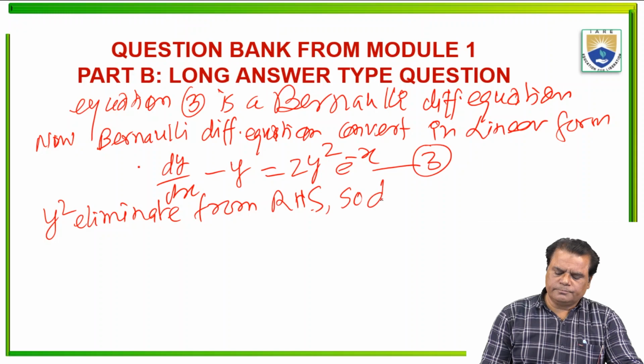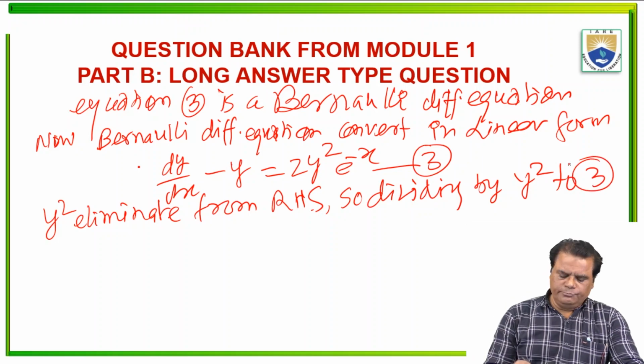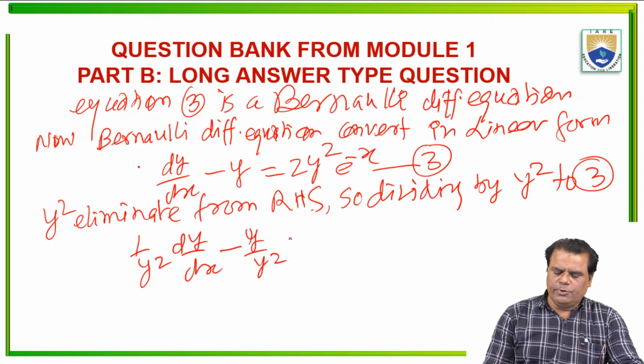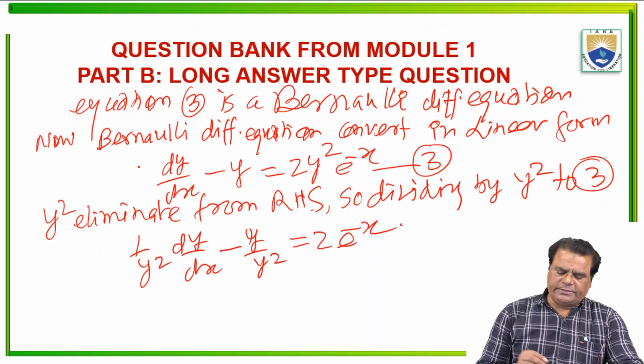Dividing by y² in 3, we get 1/y² dy/dx minus y/y² equals 2 e to the power minus x.